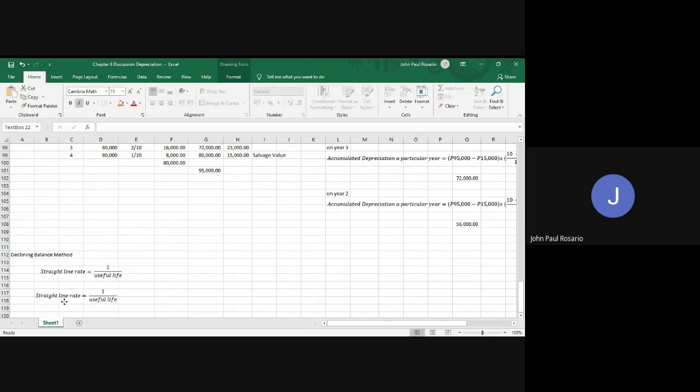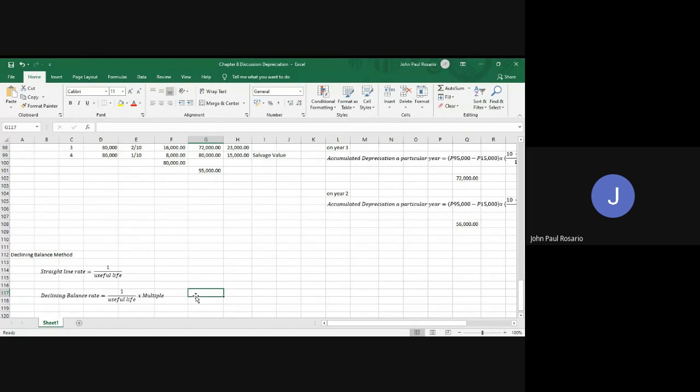Your declining balance rate is equal to your straight line rate multiplied by your multiple. So this multiple, it could be 125%, 150%, or 200%, or whatever percentage is used.